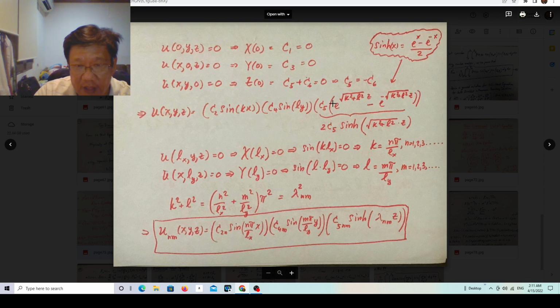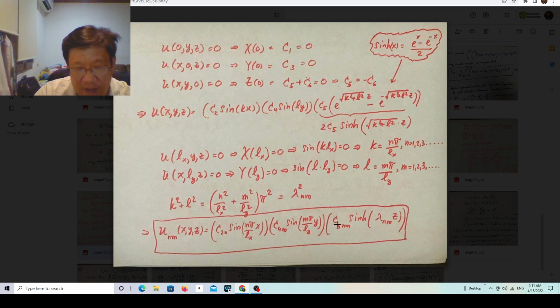But the fifth one, c sub 5, relies on both n and m, because it has the hyperbolic function that relies on both k and L. And we already simplify the square root of k squared plus L squared by substituting k squared plus L squared with lambda squared of n, m. So this one becomes this function, and this one becomes the new c sub 5, which we are going to call c star.